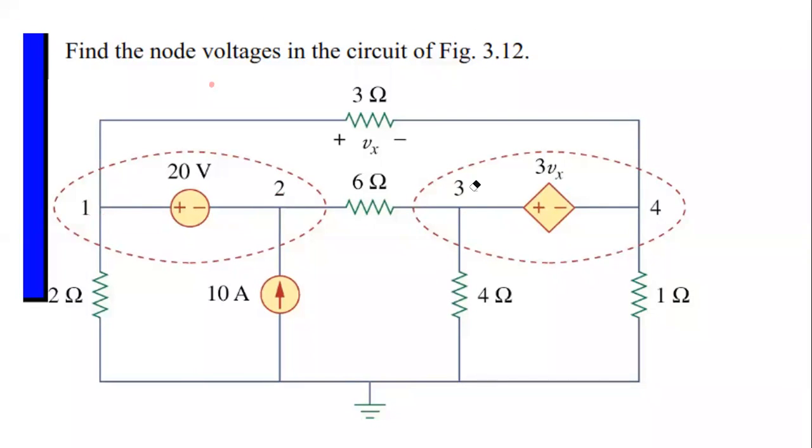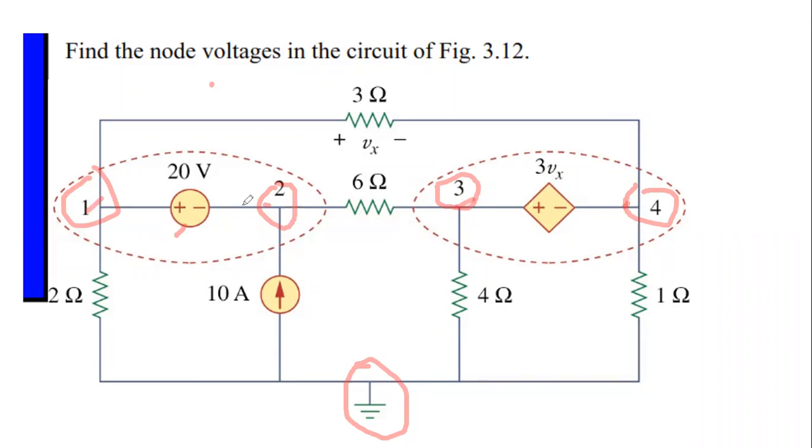Whenever we have a voltage source in between two non-reference nodes, this one and this one are called non-reference nodes, whereas this one is called the reference node. So whenever there is a voltage source between two non-reference nodes like these 1, 2, 3 and 4, we have to go for a supernode.